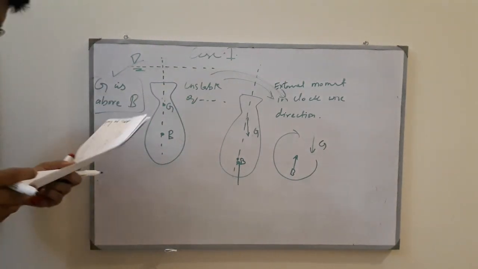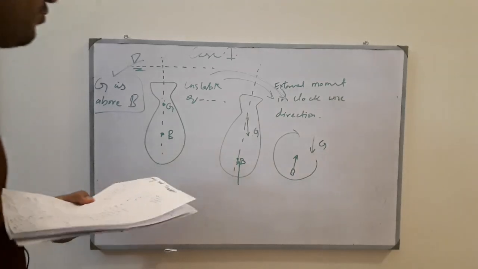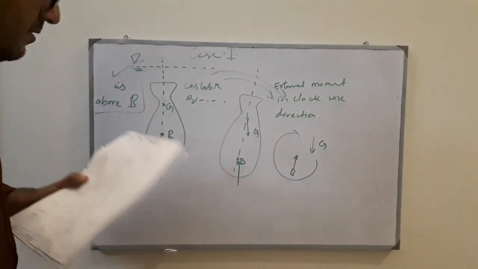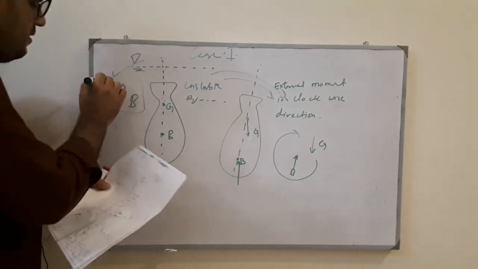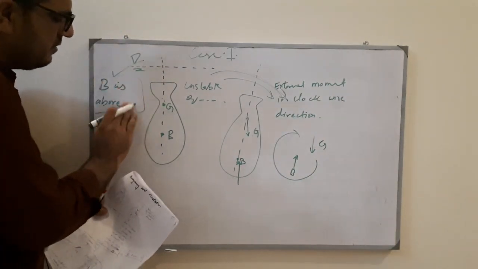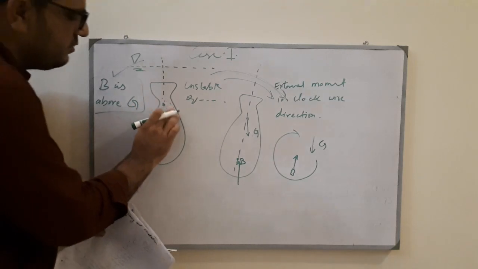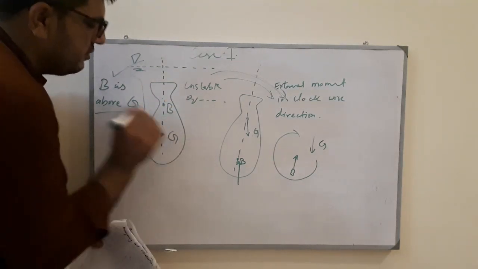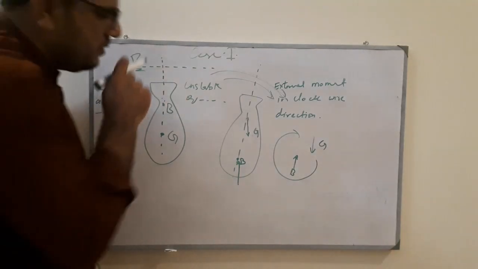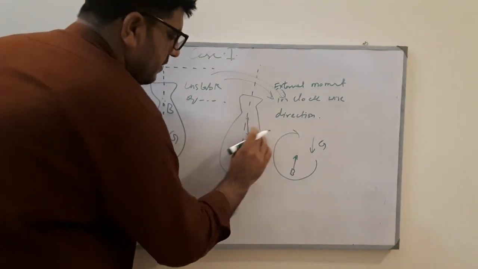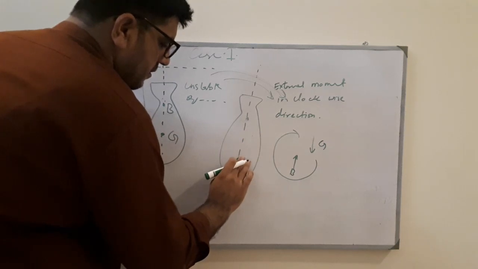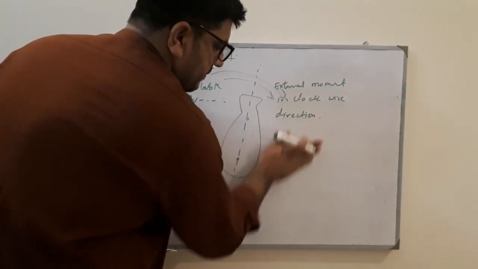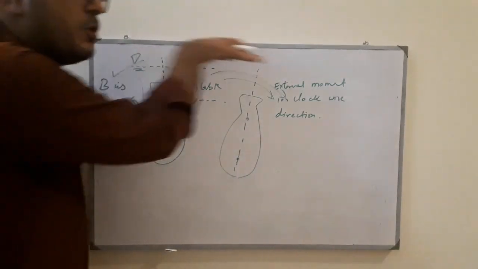Now let's say in the same situation, B is above G, so this is my B and this is my G, right? Let's say I have again disturbed the body in this direction.